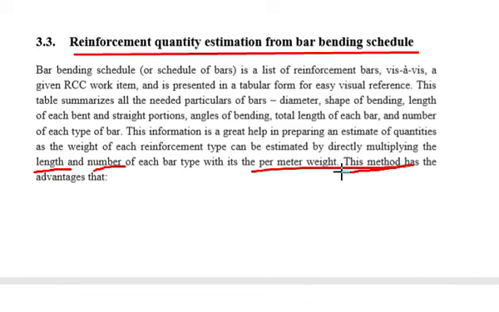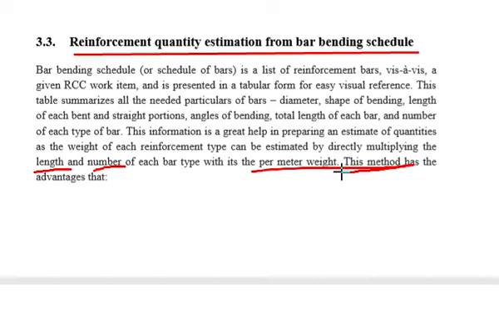Rate per meter means the weight of 1 meter of bar. For say a 10 mm dia bar, 1 meter length of 10 mm dia bar, how much weight. That I will show you in a different portion in tabular form.